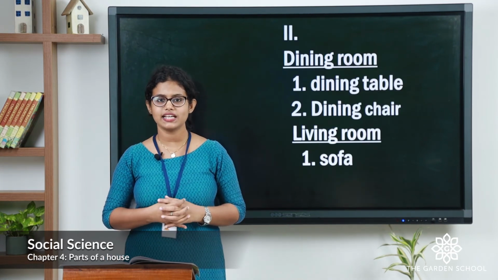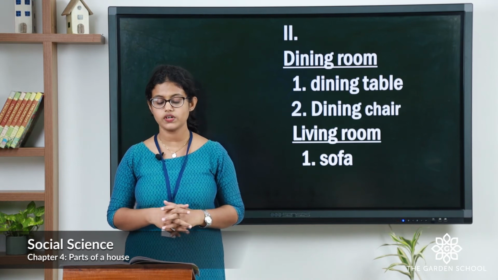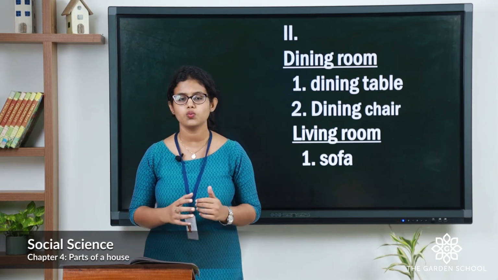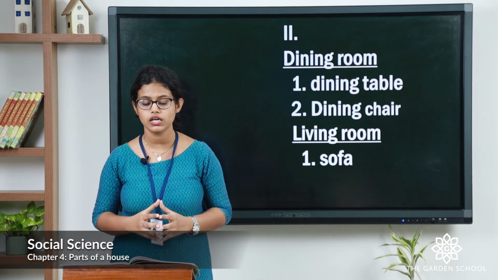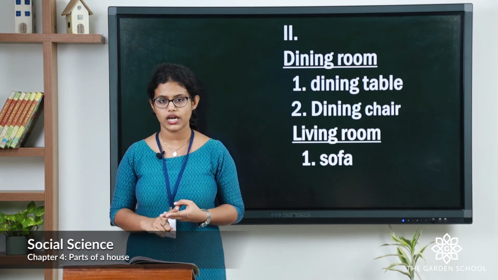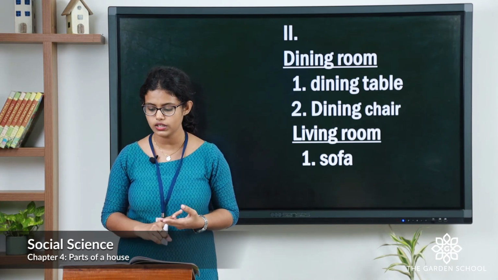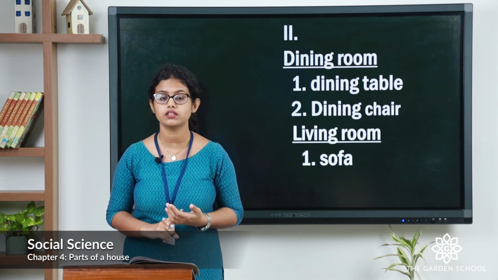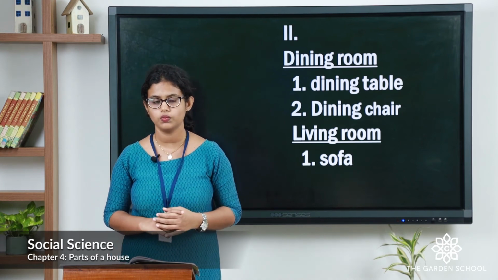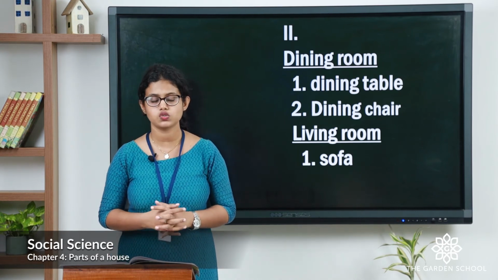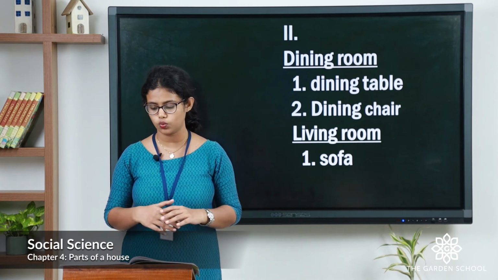So let's discuss the answer. For the first one, first room is dining room. So what all items you find in your dining room from the above box? Dining table, chair. You can find dining table and dining chair in the dining room. What about the next one? Living room. You can see sofa in the living room.